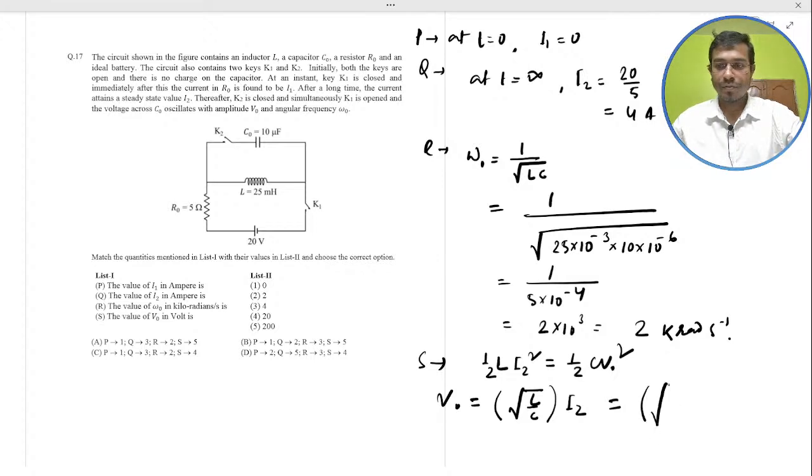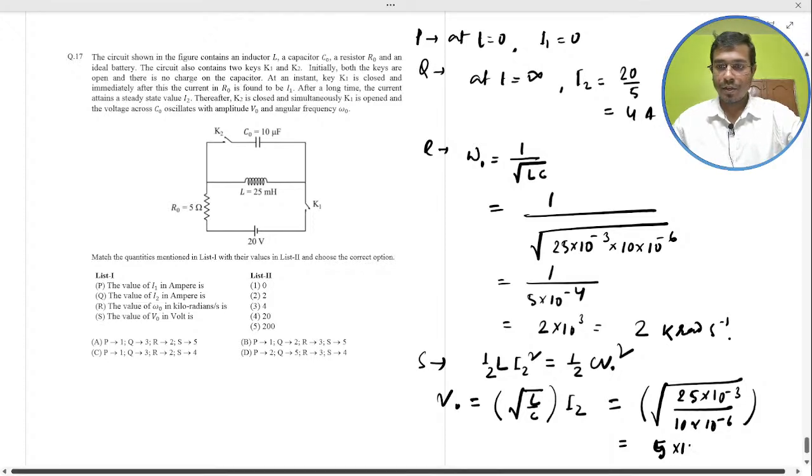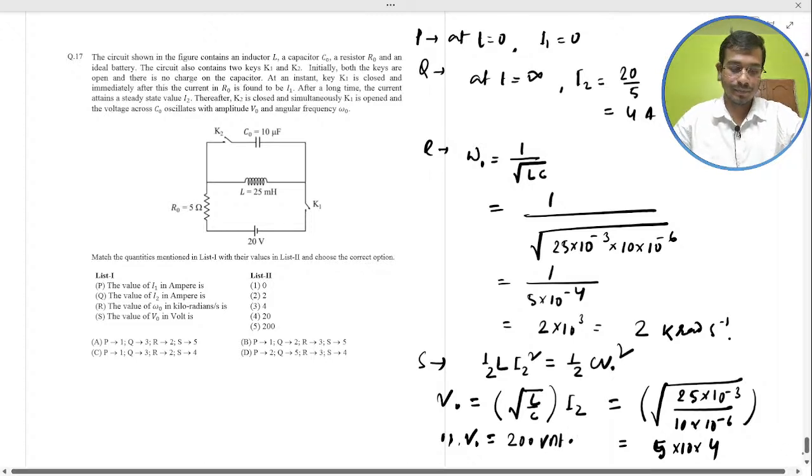Put this value: square root of 25 into 10 to the power minus 3 divided by 10 into 10 to the power minus 6. So you would get 5 into 10 into 4. So V0 is what? 200 volt.